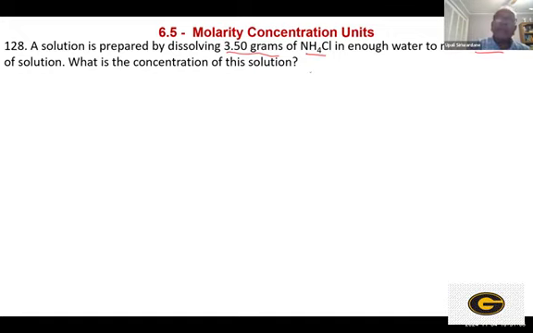This is really simple. You get the formula weight of the ammonium chloride, convert grams to moles, and divided by liters of this solution. This solution has 0.250 liters. This divided by 1000 get the liters.